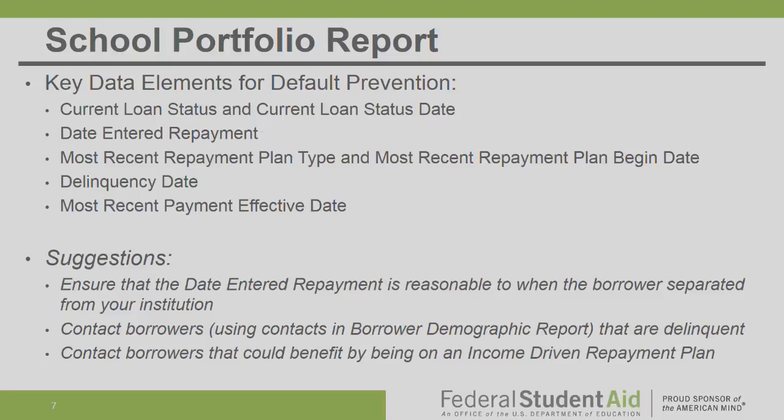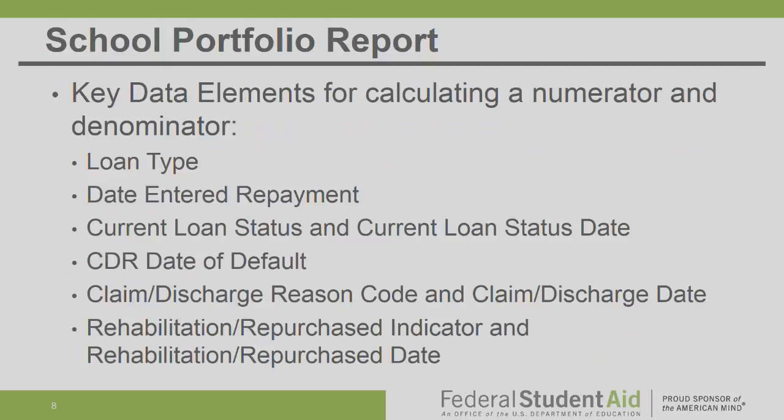So just some ideas. If you're calculating a cohort default rate estimation, there are some key fields to consider. And I will say this right now: by regulation, the department is only allowed to produce two cohort default rates, a draft and an official.